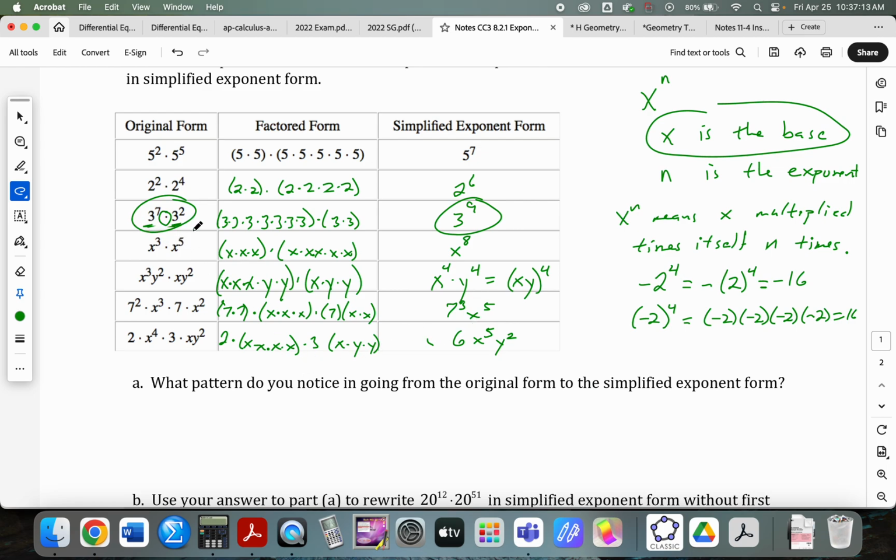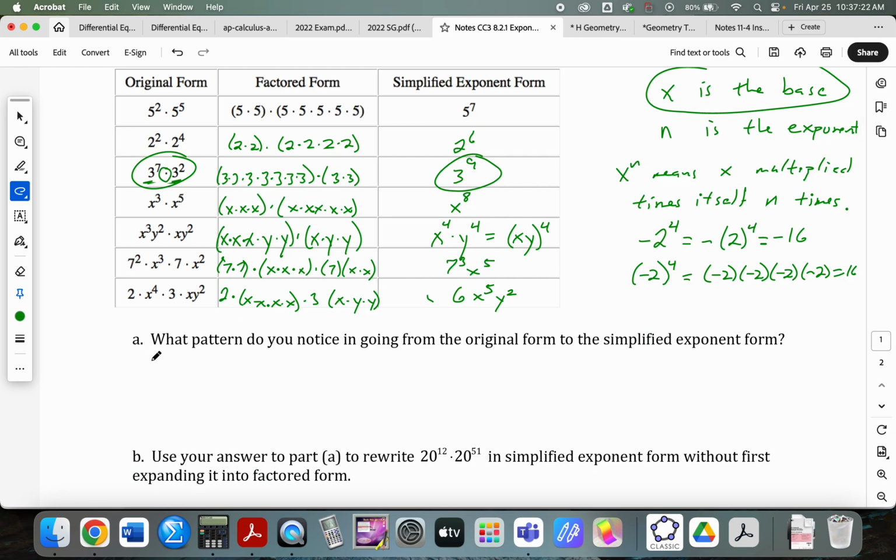So they have to have the same base. And then what is it that we did with the exponents? Add them. We added them. So when multiplying two expressions with the same base, do we change the base?